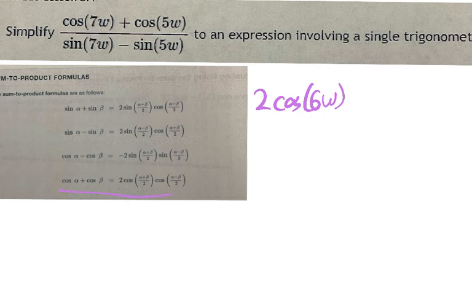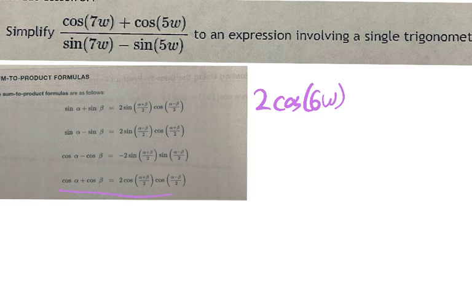So you have to look at this formula maybe. But it's 2 times cosine of alpha plus beta over 2. So all I did was I said, this is my alpha, this is my beta. So 7 omega plus 5 omega is 12 omega over 2, which was 6 omega. I'm just trying to shorten up my steps because I'm running out of space for this problem. It's going to take a lot of steps.